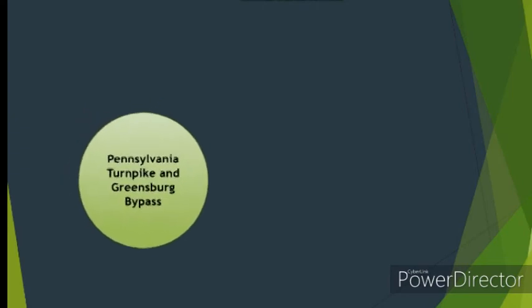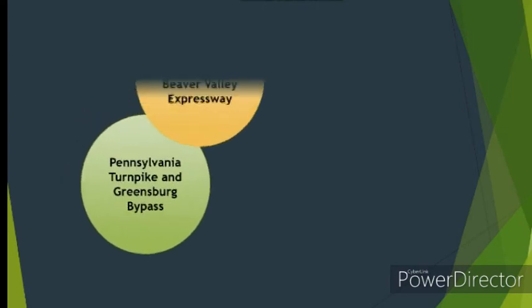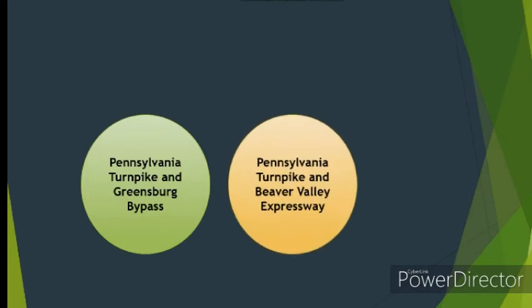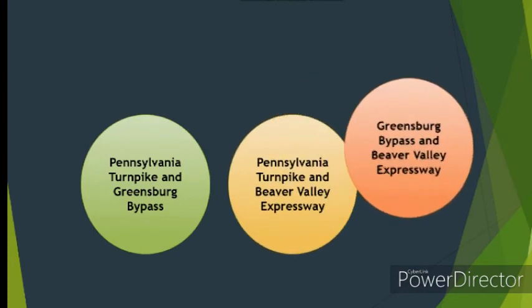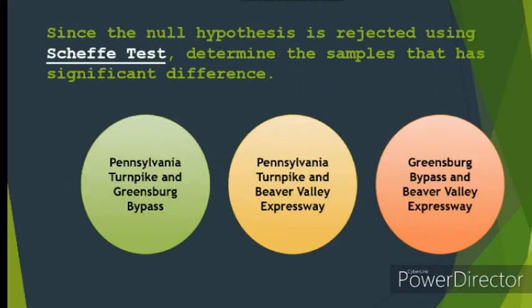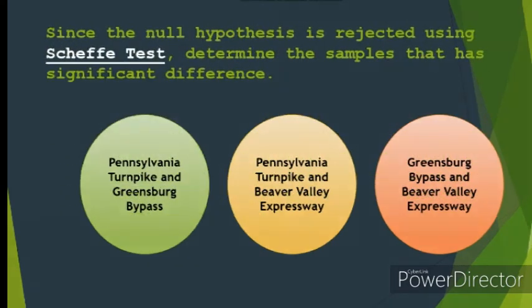Using the Scheffé test, we're going to identify if there is a significant difference between the three pairs from this problem. Our first pair is Pennsylvania Turnpike and Greensburg Bypass.